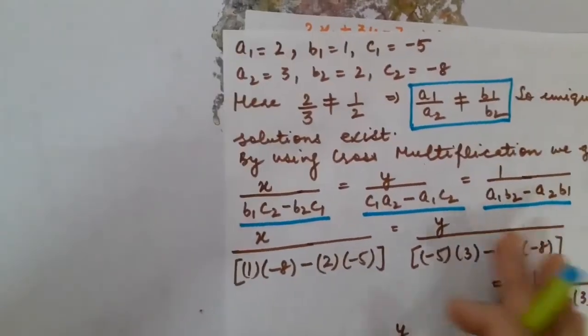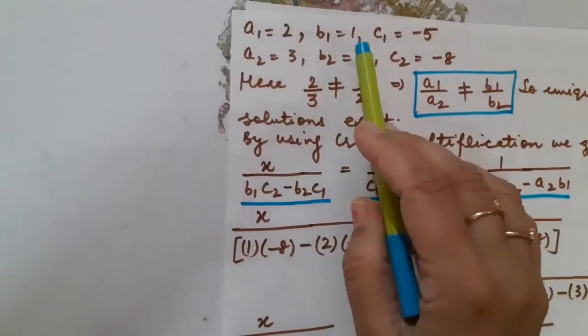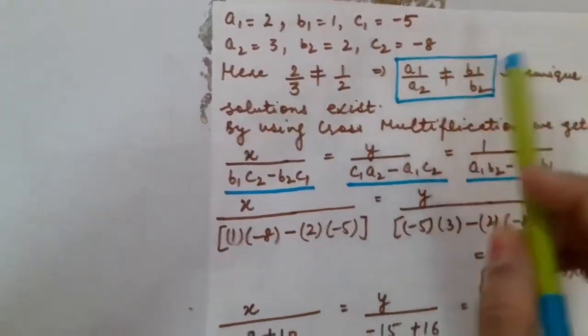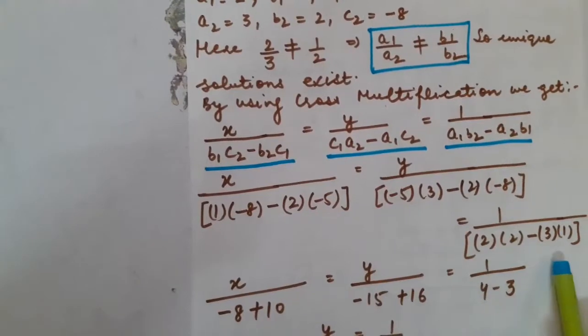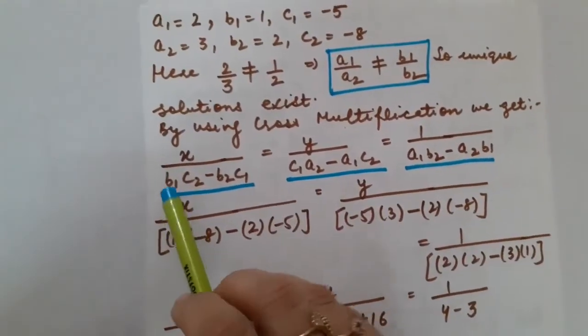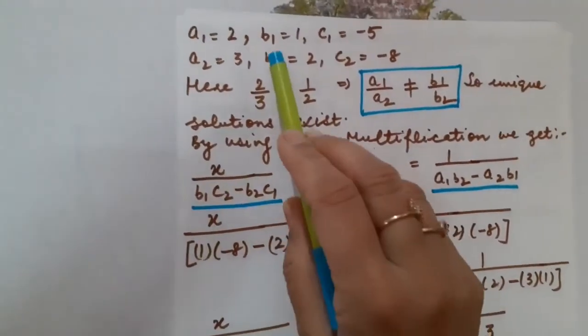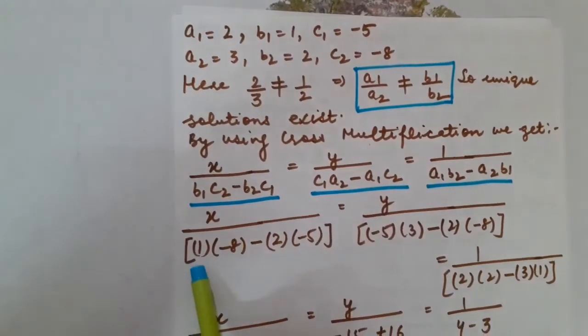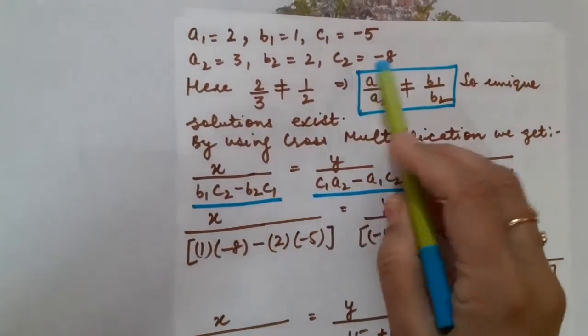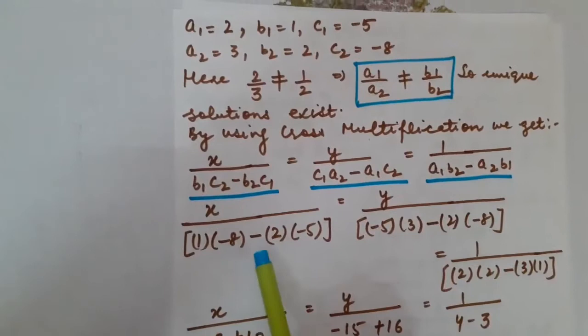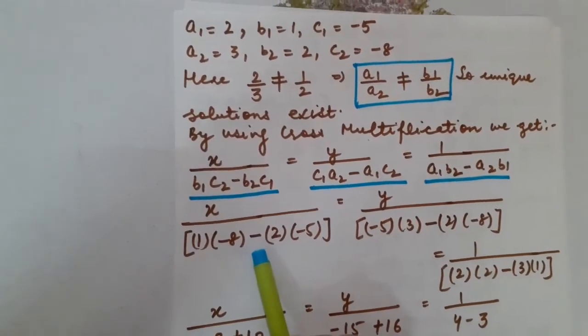now. Fine. Here, after comparing, you know the values of A1, B1, C1, A2, B2, C2. These values I am going to insert over here. Right? Let us check. B1 is what? 1. Here I have written 1. C2 is what? Minus 8. Here I have written minus 8. The minus sign will come definitely between.